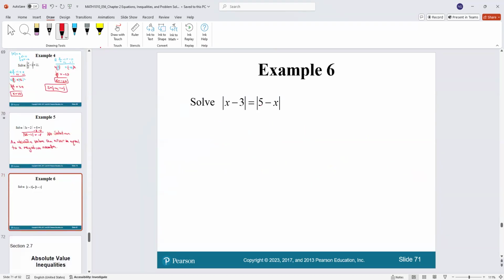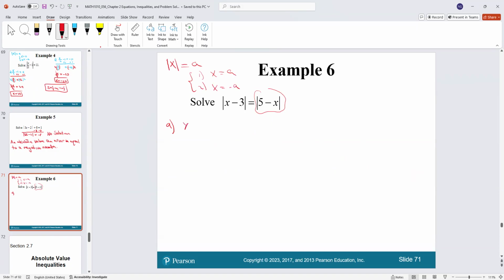Now, let's see this example. It is almost the same as the previous one. The only difference is now we have expressions on both sides, but we still have two equations. To remove the absolute value, we still apply the same property where we said |x| equal a gives two of them, x equal a and x equal negative a.